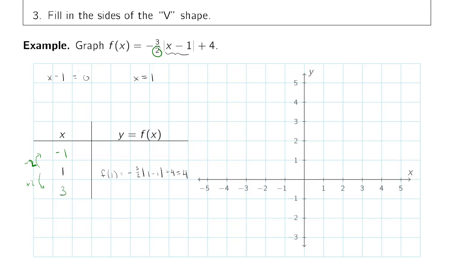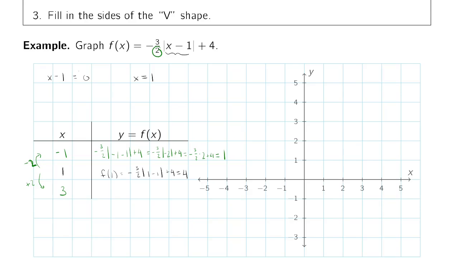When I plug those in, my y value is going to be negative 3/2, absolute value of negative 1 minus 1, plus 4. So that'll be negative 3/2, absolute value of negative 2, plus 4. That'll be negative 3/2 times 2 plus 4. Negative 3 plus 4 is 1.